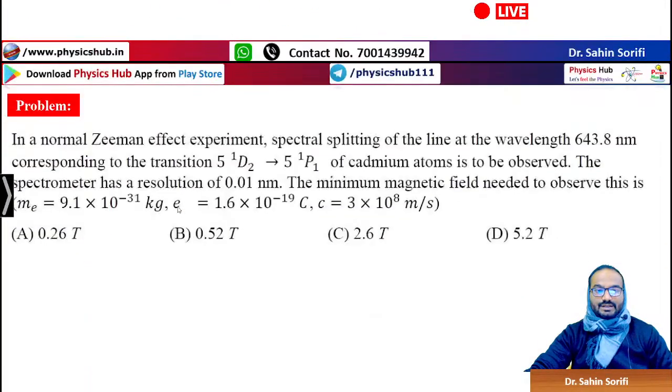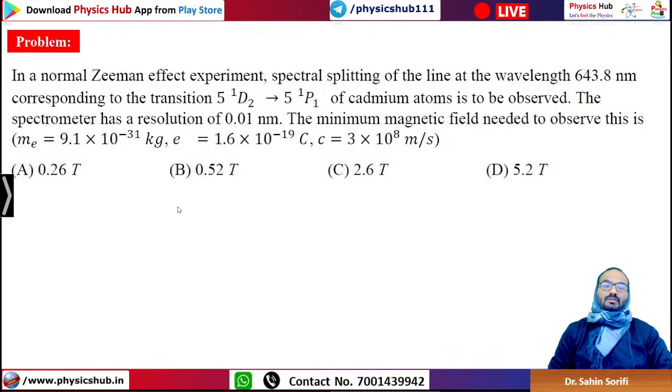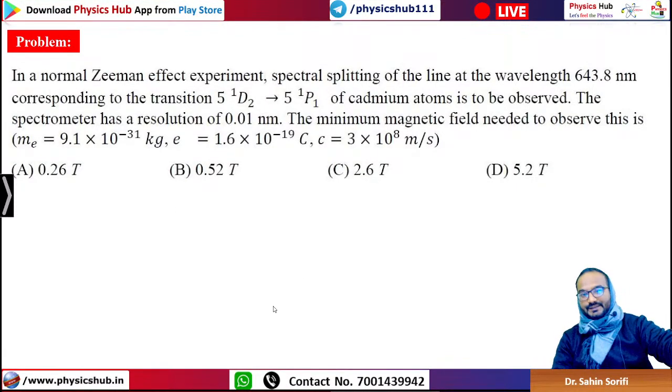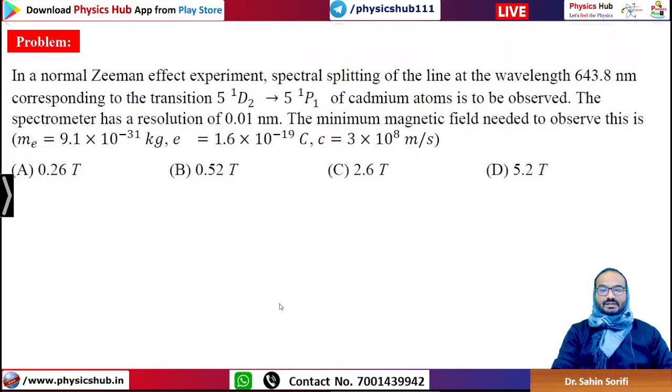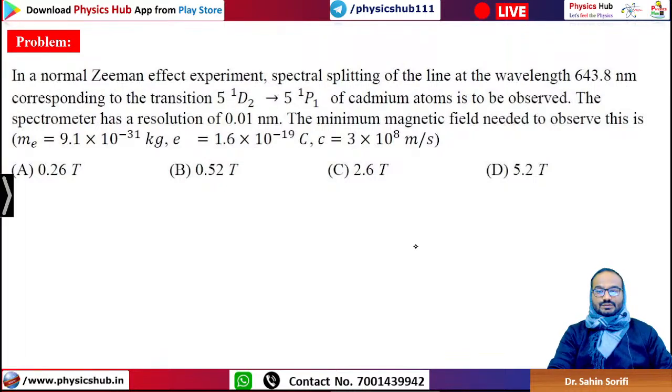Let's move on to the next question, guys. This one you do. In a normal Zeeman effect experiment, spectral splitting of the line at wavelength 643.8 nanometer, corresponding to the transition 5 1D2 to 5 1P1 of cadmium atoms, is to be observed. The spectrometer has a resolution of 0.01 nanometer. What does it mean?